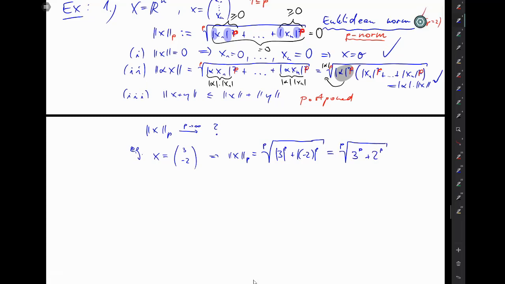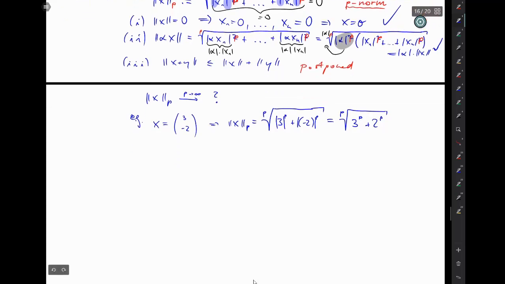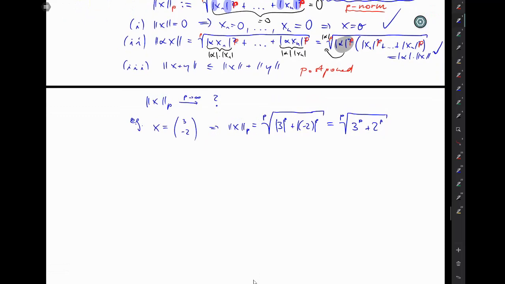Now obviously 3 to the power p is growing faster than 2 to the power p. So this probably dominates this term, and then you take the pth root. So the result might be 3. Let's check whether or not that is true.